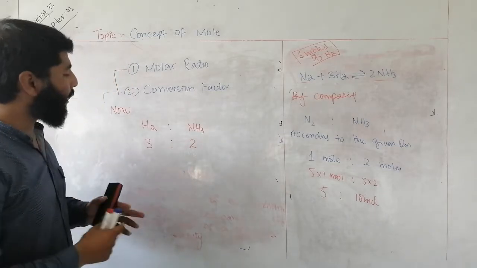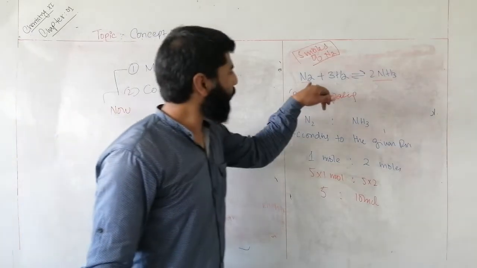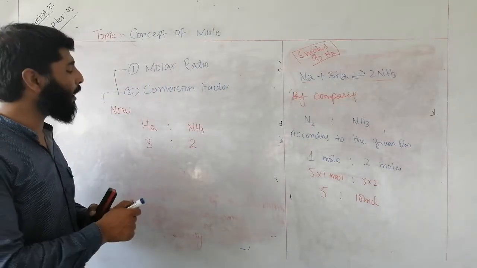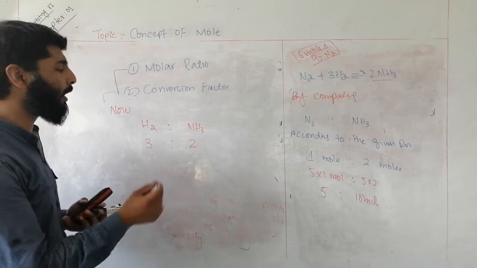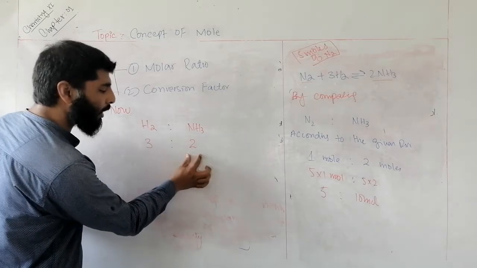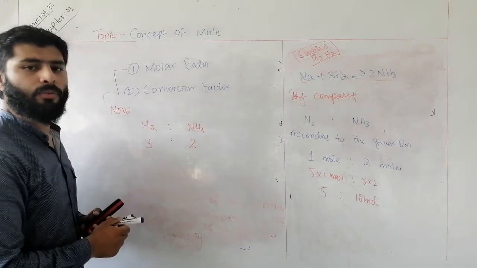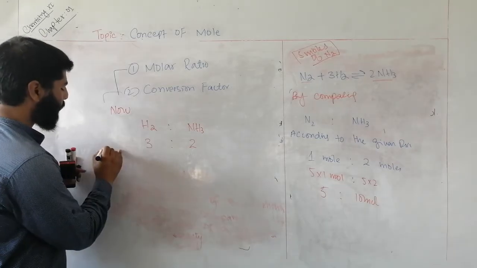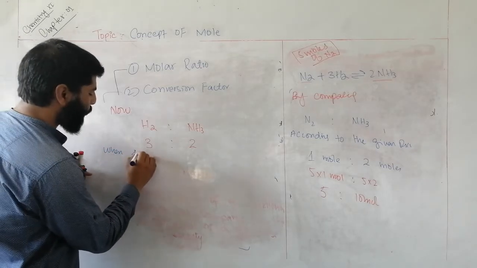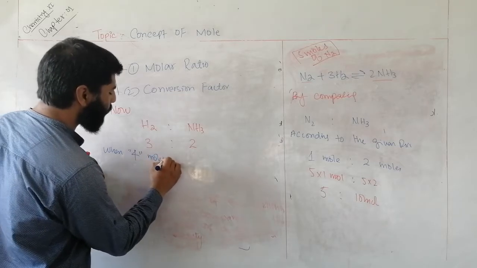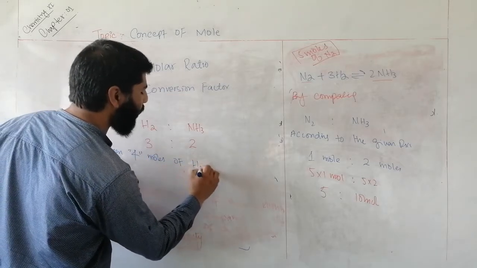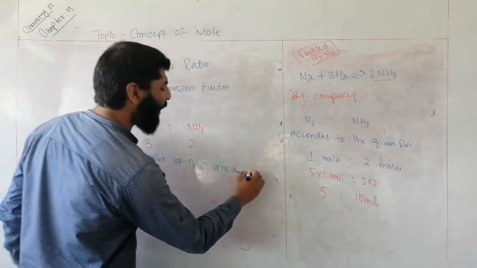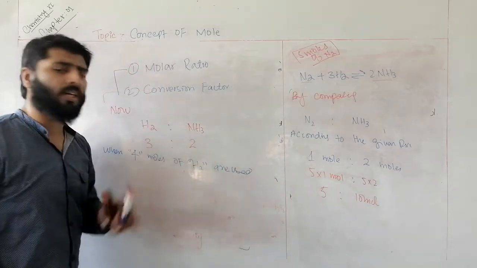This is the ratio which is known according to the equation. If you are asked to calculate the number of moles of ammonia when 4 moles of hydrogen are used, then find the number of moles of ammonia.